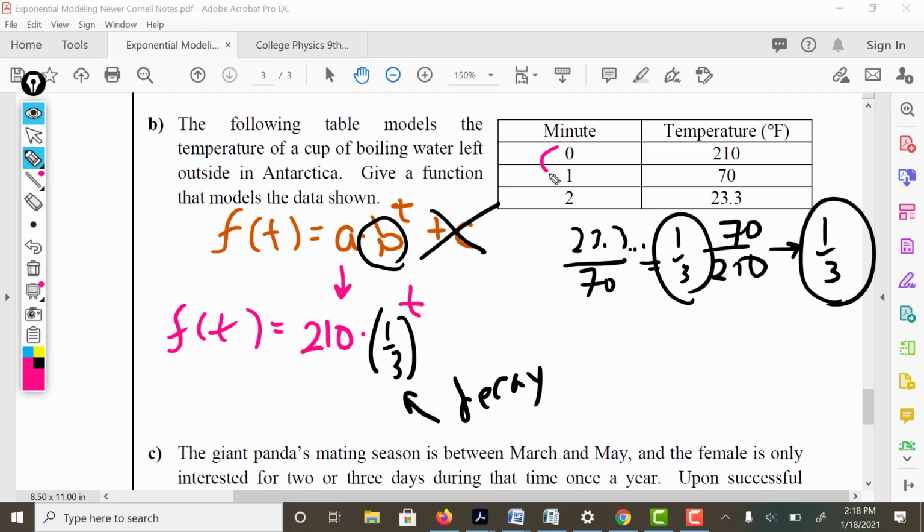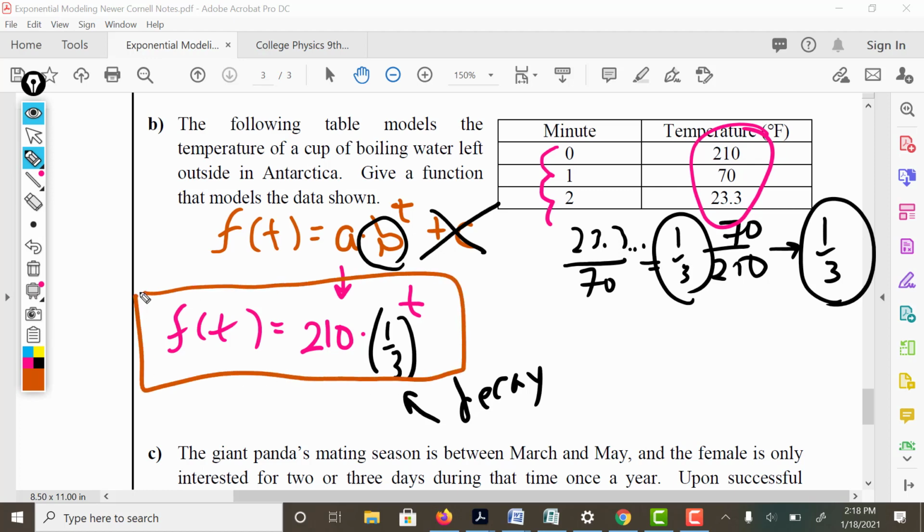It goes from 0 to 1 to 2 to 3, etc. If it were skipping data points, you'd have to keep track of that and make sure you find what those data points are so you can get the right rate. If this rate were growing, the numbers would be getting larger instead of smaller. So keep track of some of those things. But for our problem right here, this is the equation that models, or the function that models, this set of data.